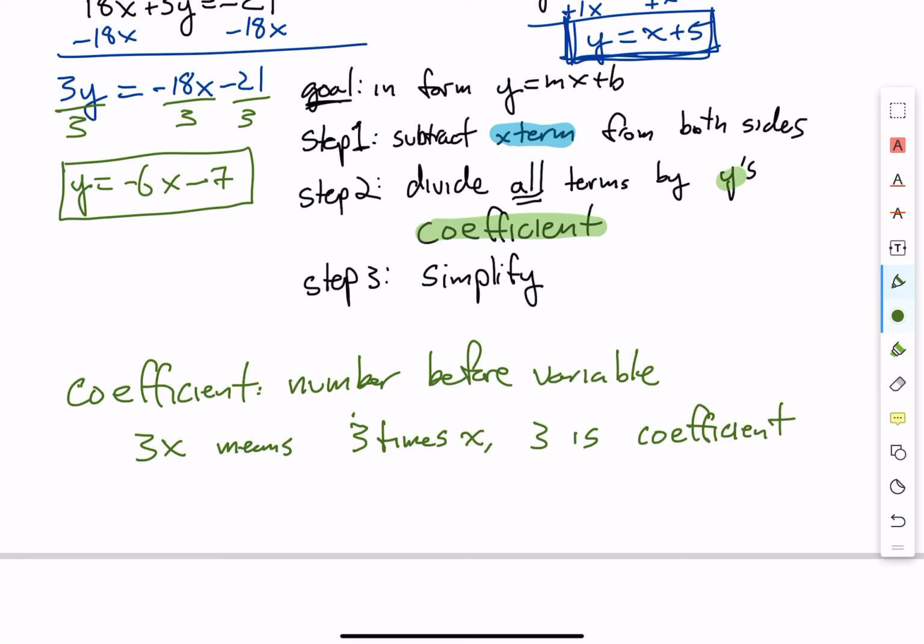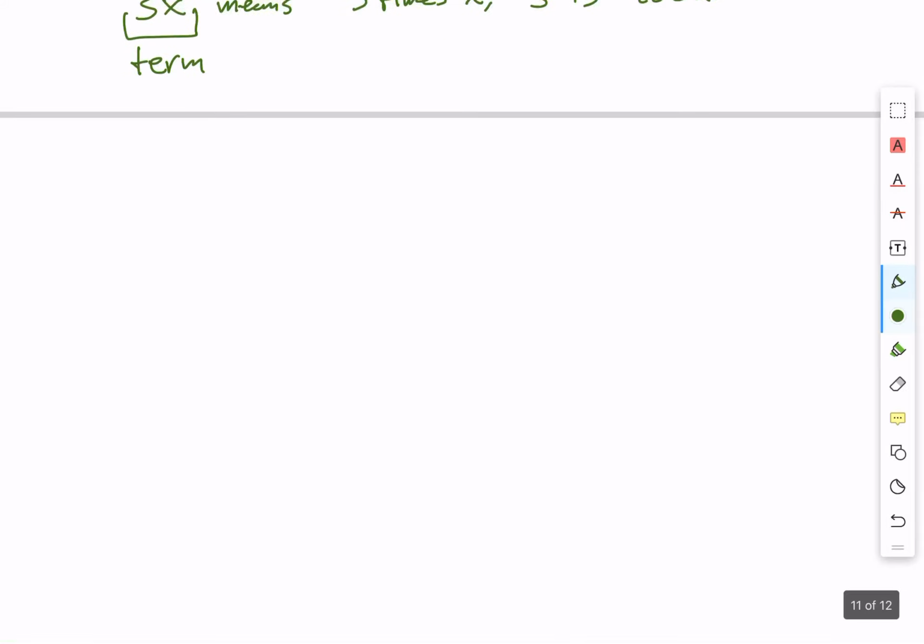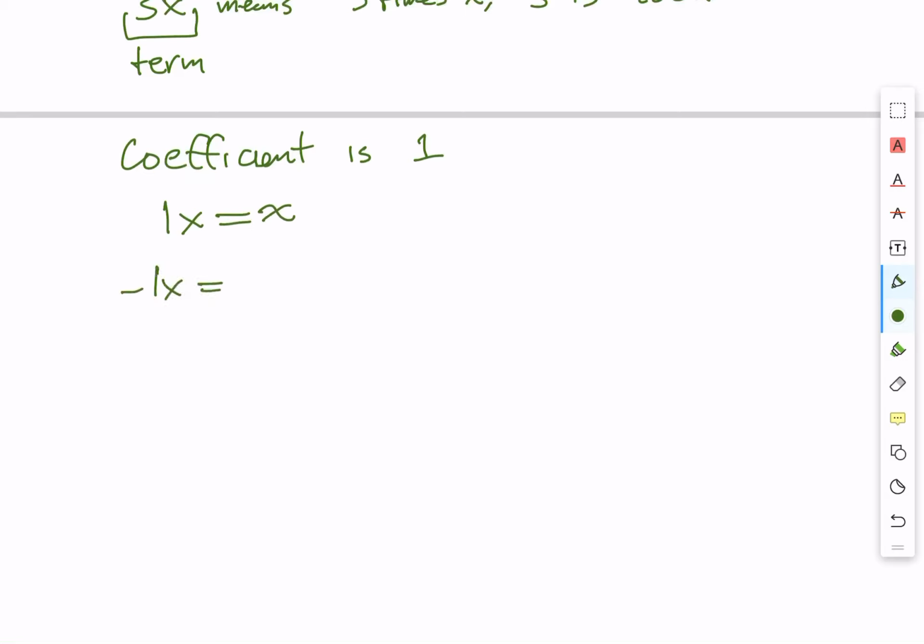And then 3x, that whole piece, that's a term. Like I mentioned earlier, if the coefficient is 1, like 1x, we'll just write that as x. And if it's negative 1x, then we'll just write that as negative x.